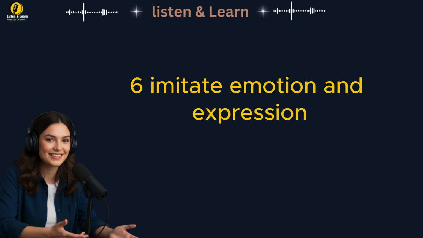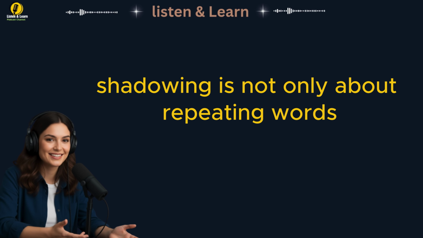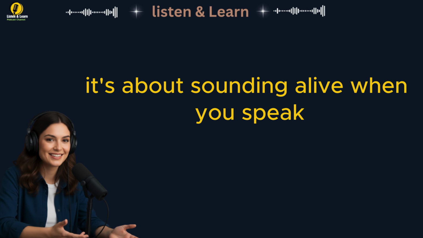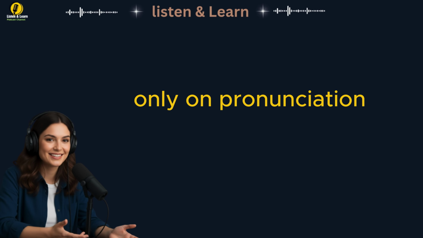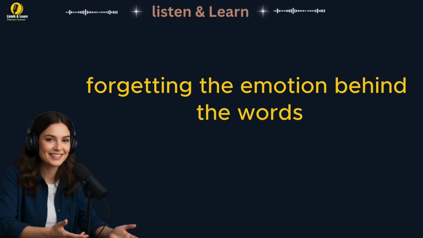6. Imitate emotion and expression. Shadowing is not only about repeating words, it's about sounding alive when you speak. One of the biggest mistakes learners make is focusing only on pronunciation, forgetting the emotion behind the words.